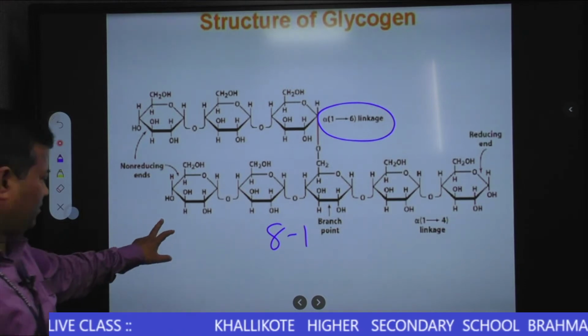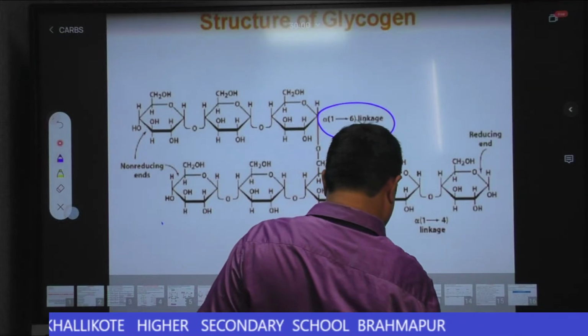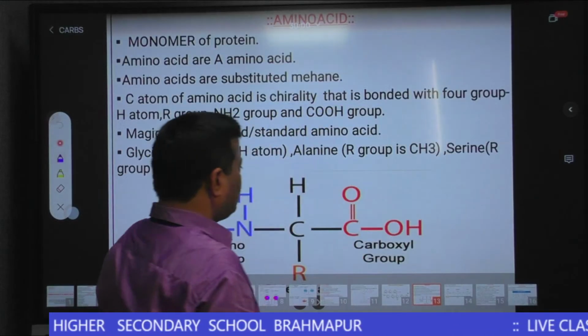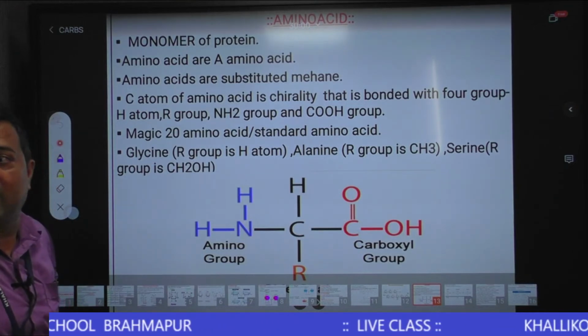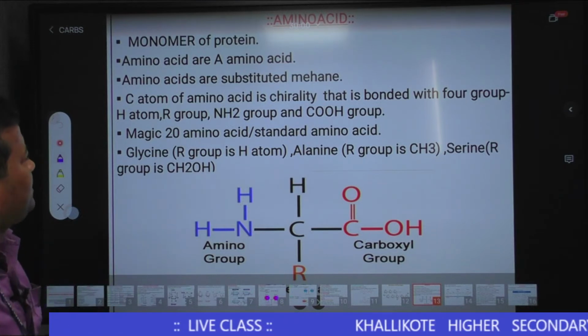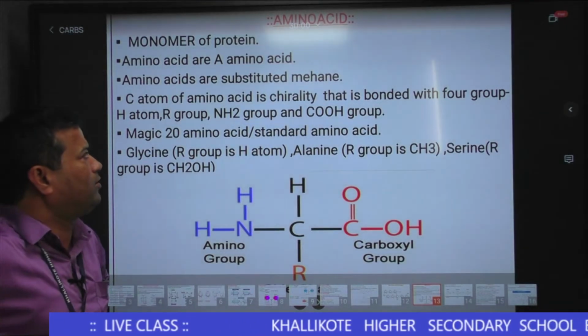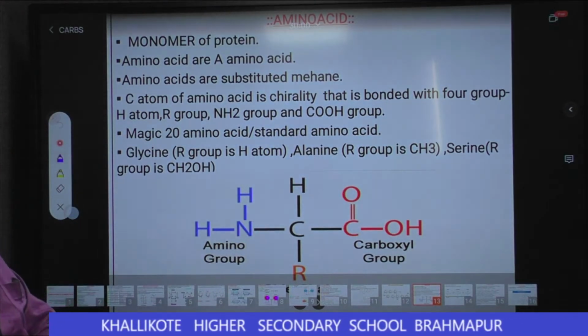Then comes amino acids. We know the amino acid is the monomer, a micromolecule present inside the living system.